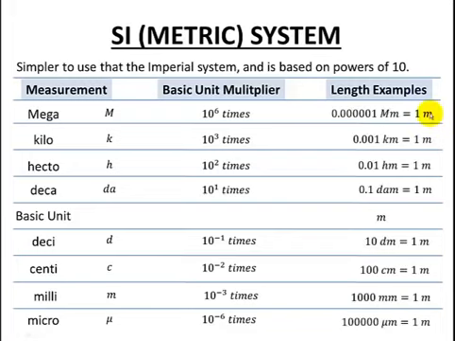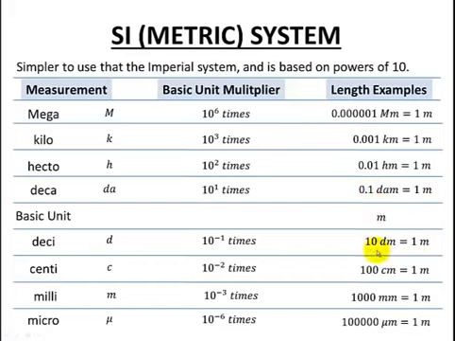And now we can see how 1 meter is a very small megameter. 1 meter is 10 to the minus 3 kilometers. 1 meter is 0.01 hectometers. 1 meter is 0.1 decameters.